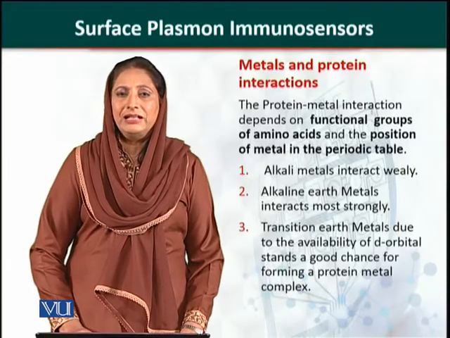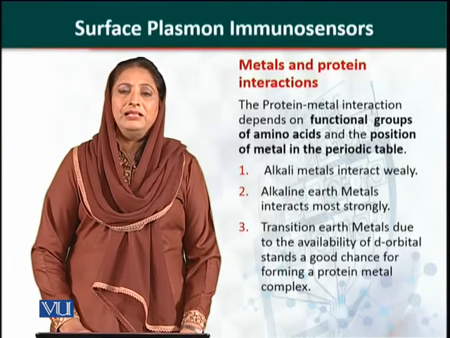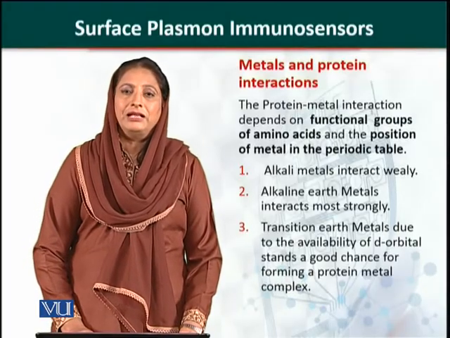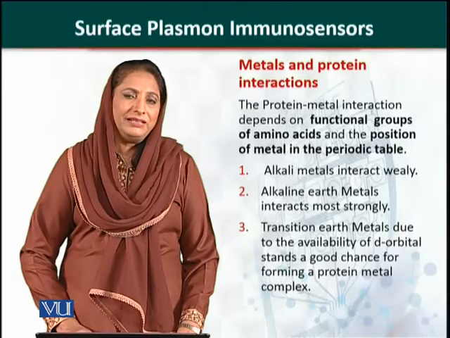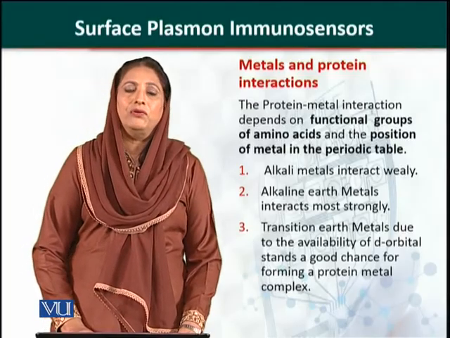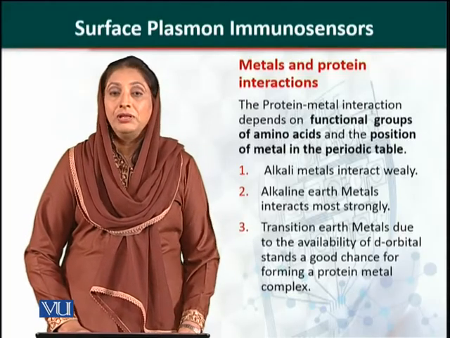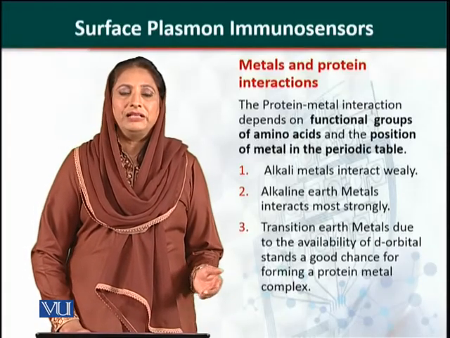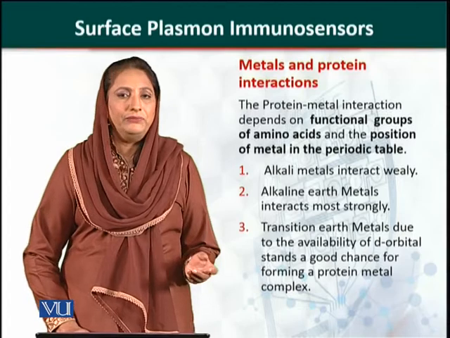The interaction between metals and proteins is dependent on two factors. First is the type of amino acid, and second is the position of the metal in the periodic table. For example, alkali metals like sodium do not bind properly with proteins.